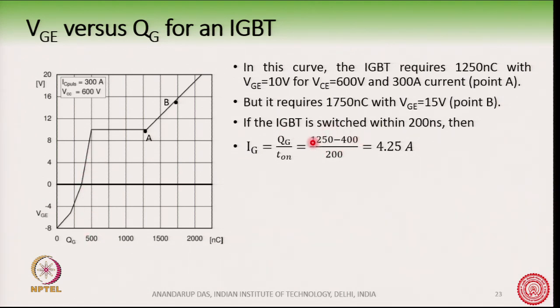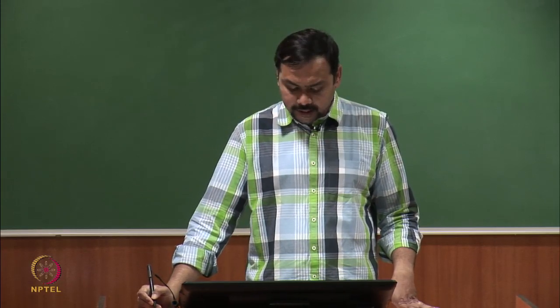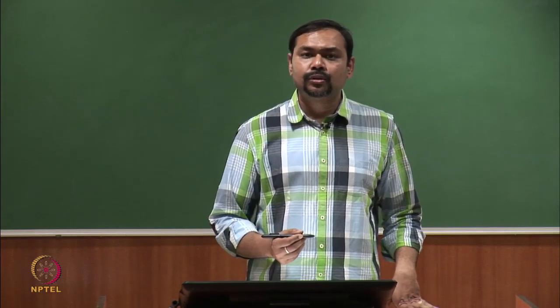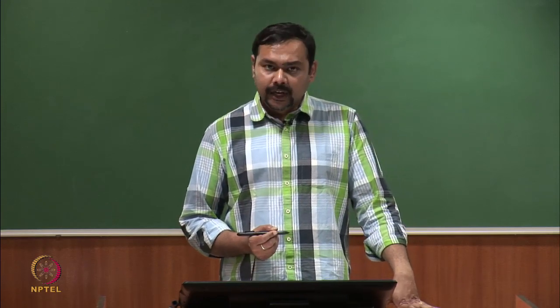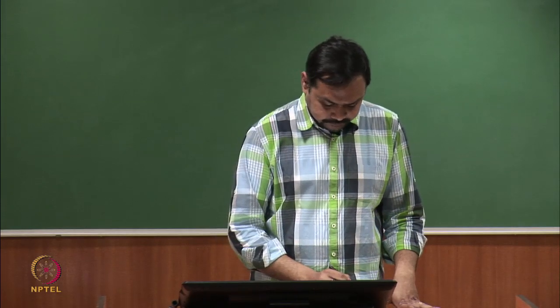So, 1250 minus 400 over 200 nanoseconds is 4.25 ampere. This will be the average current required from the gate driver circuit. Many people use this to calculate the driving capability of the gate driver circuit.